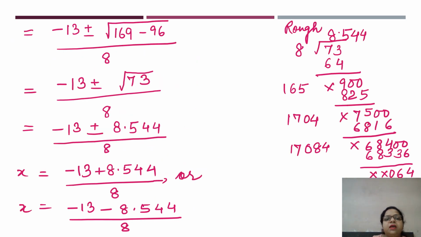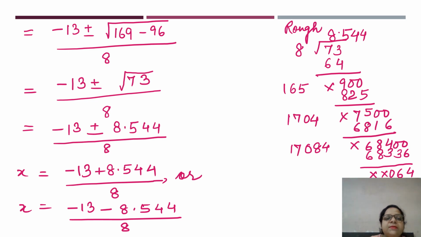Okay, children. Continuing the question, we get minus 13 plus minus under root of 169 minus 96, which will give you under root of 73. Okay. So finding out the root of 73, we get the answer as 8.544.